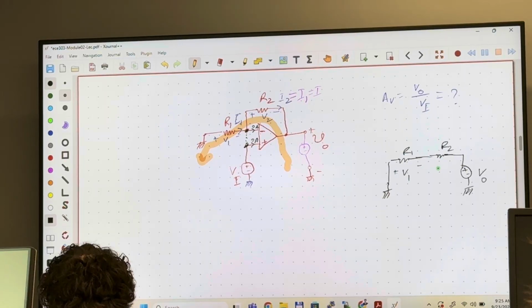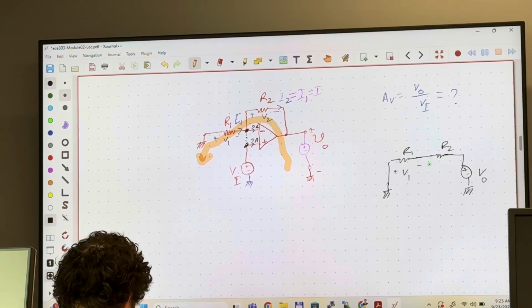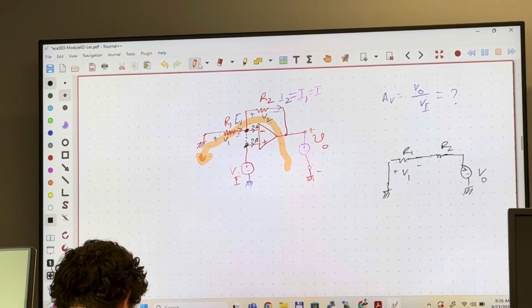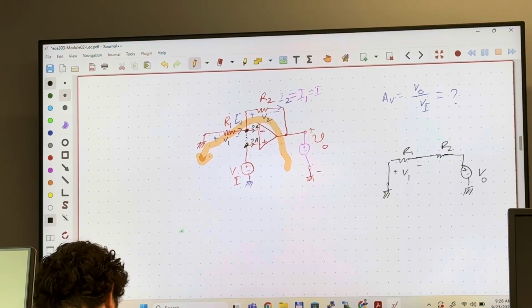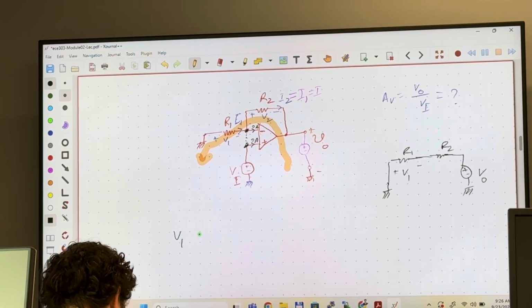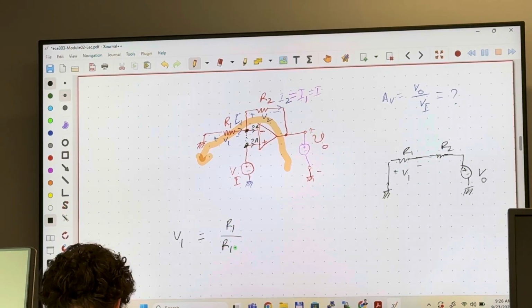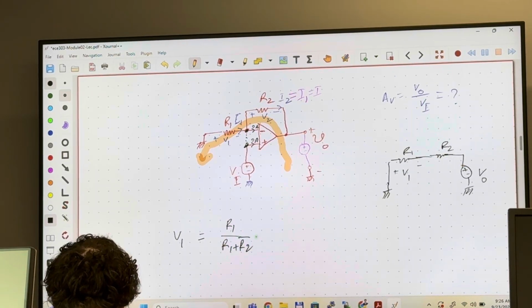Which is I. But don't you think that to get this voltage, you can simply apply the voltage division principle here? Simply a voltage divider, right? So V1 here is going to be simply R1 over R1 plus R2 times V0.